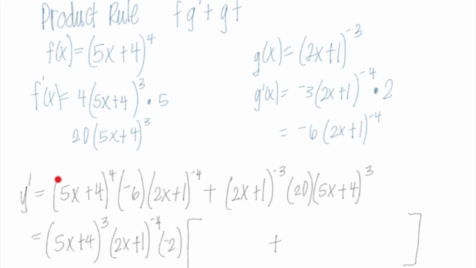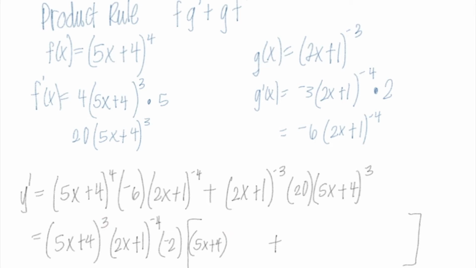Let's start with this left side. If I say 5x plus 4 to the fourth power divided by 5x plus 4 to the third power, the rule with your exponents is to keep the base and subtract the exponents when you're dividing. So the base I'm left with is 5x plus 4, and the fourth power minus the third power gives us a first power right here.